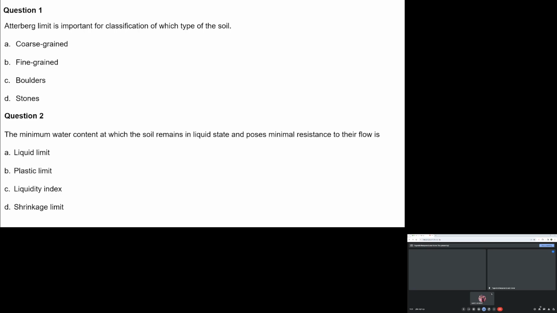Let me repeat the question. Atterberg limit is important for classification of which type of soil? Option A, coarse grained. Option B, fine grained. Option C, boulders. Option D, stones.